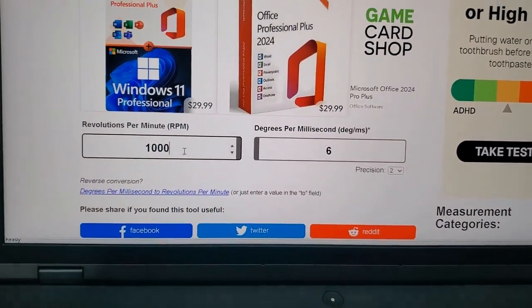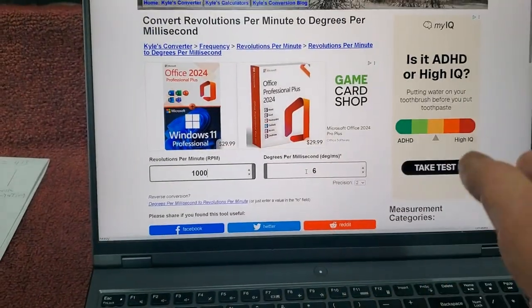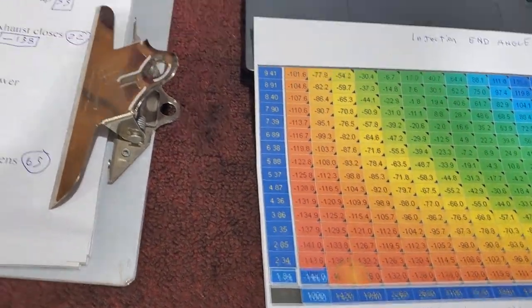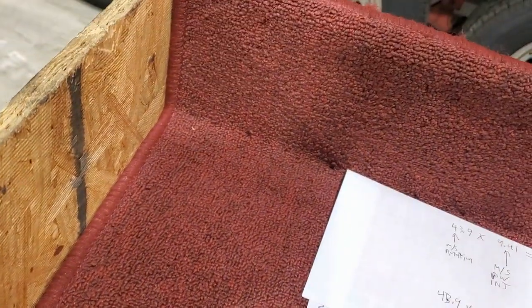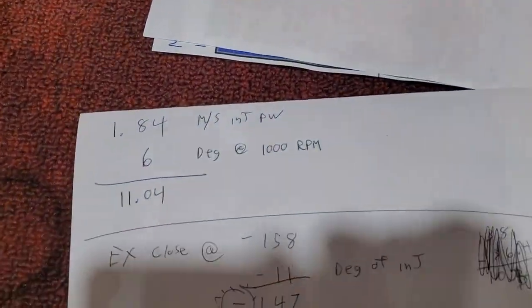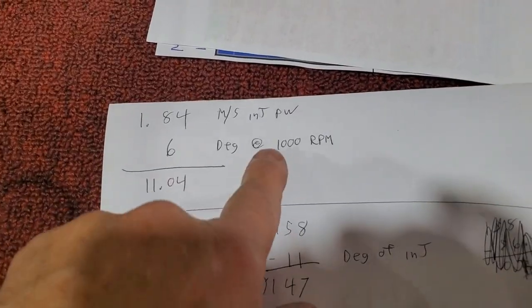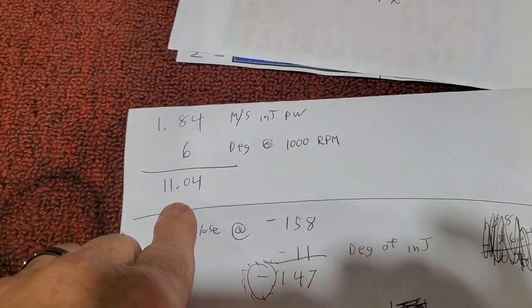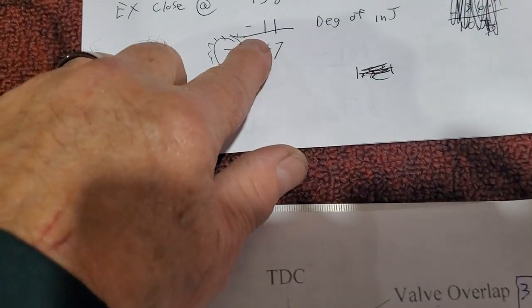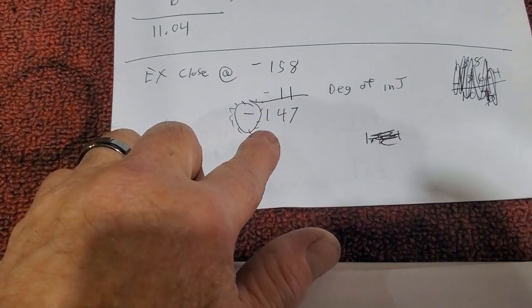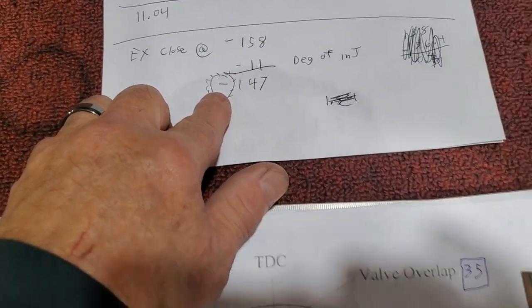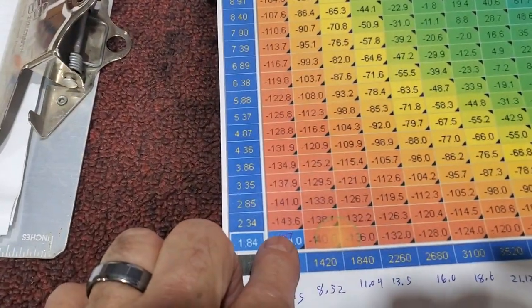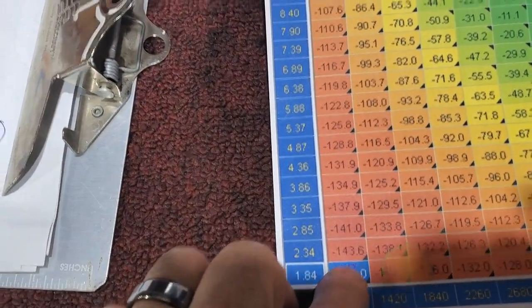At 1,000 RPM, the crankshaft's going to turn 6 degrees per millisecond. Then I take the 1.84 milliseconds of injector pulse width, times 6 degrees of rotation at just 1,000 RPM, and I get 11.04. Then I take my closing number, negative 158, minus 11, and I get negative 147. Don't forget that number. Then you put negative 147 in the first box.